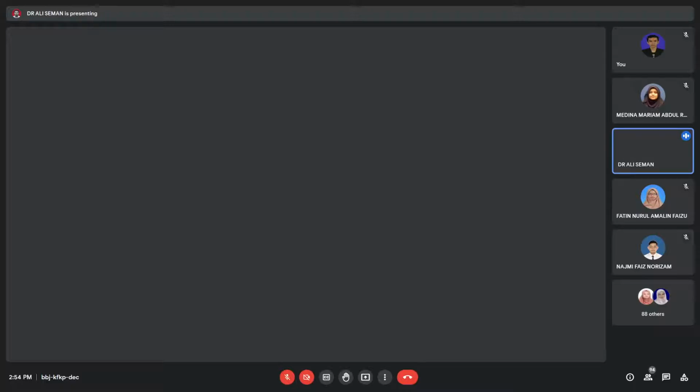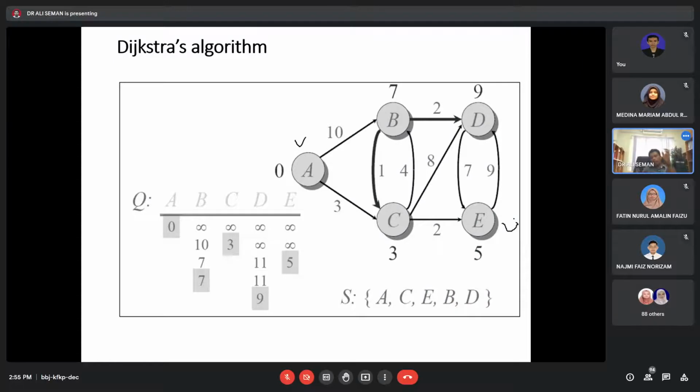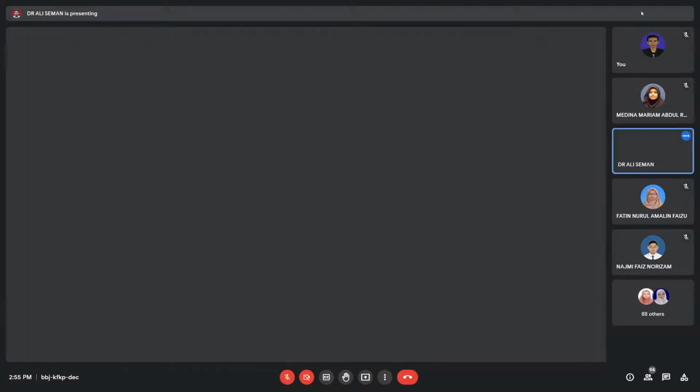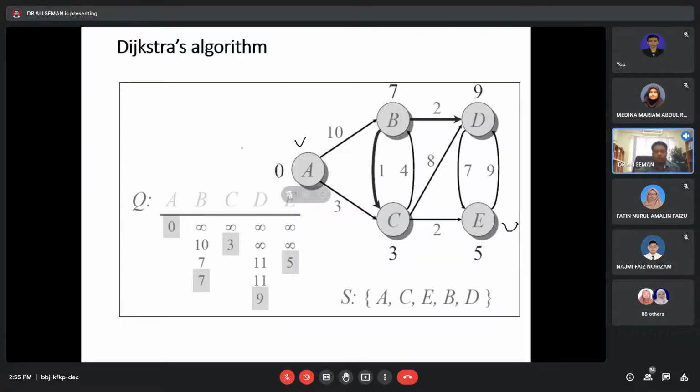What is the Dijkstra here? Let's say we have A, B, C, D, E. These are the vertices. Let's say we want to go from A to E. We need to find which one is actually the shortest path, which is the minimum total distance in order to go from A to E. So how to do this based on the Dijkstra algorithm?